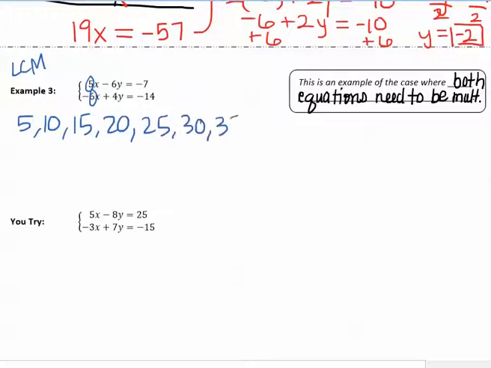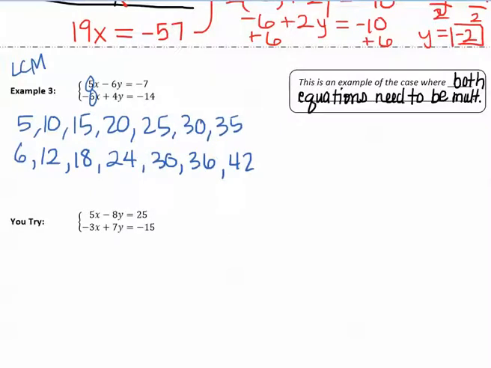Multiples of 6 are 6, 12, 18, 24, 30, 36, 42, etc. What you're looking for is the lowest multiple they both have in common, and that would be 30, which is essentially what 5 times 6 is. So if you're out of ideas, you can multiply the two numbers together, and that will always work. It may not be the lowest one, but in this case, it is.